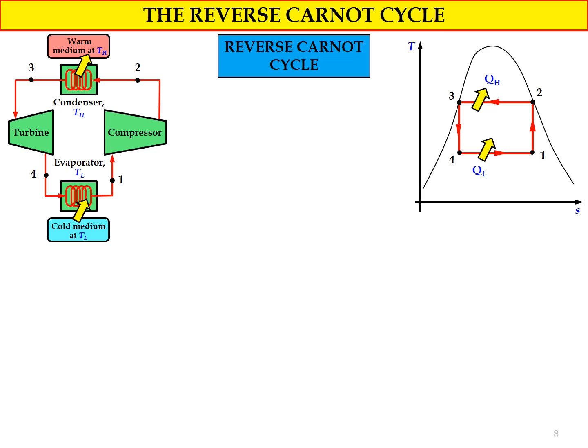And the last process is heat absorption or heat addition in the evaporator, where the evaporator absorbs heat at constant pressure from state number 4 to state number 1, and the energy absorbed by the evaporator is represented by the value of QL. Okay, so this is how we describe the reverse Carnot cycle using the TS diagram.